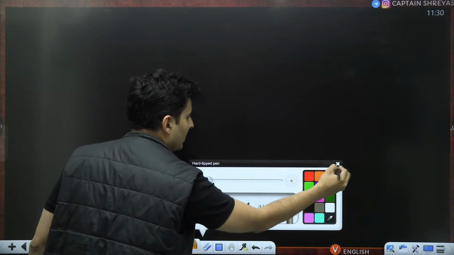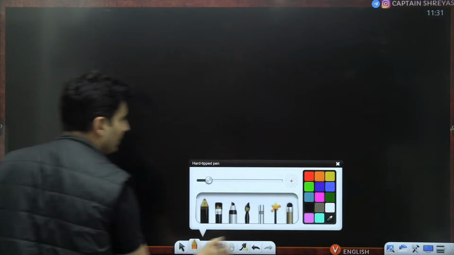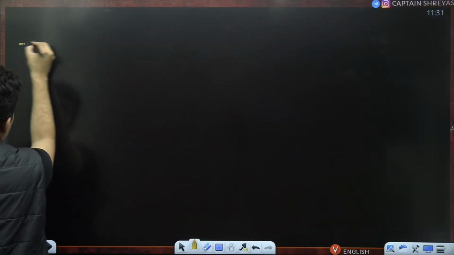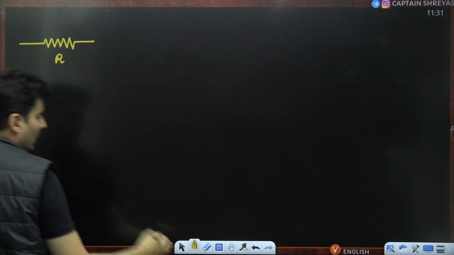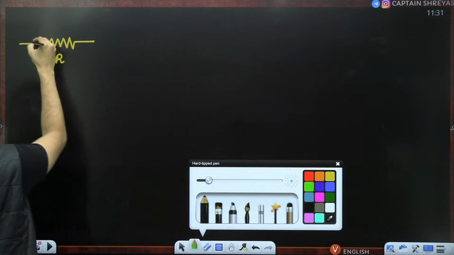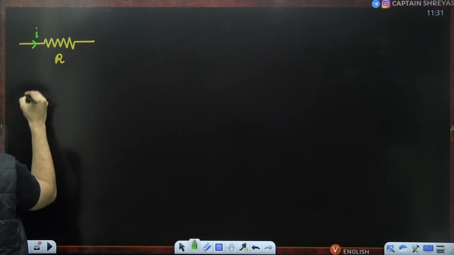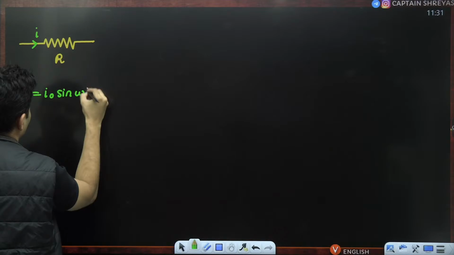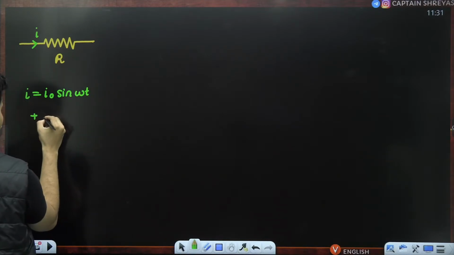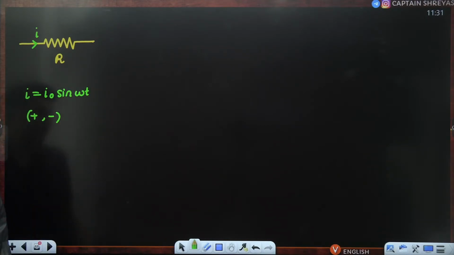Just imagine that you have a resistor like this, and through that resistor, this particular current is going. This current happens to be I naught sine omega t. It is sometimes positive, sometimes it is also negative.